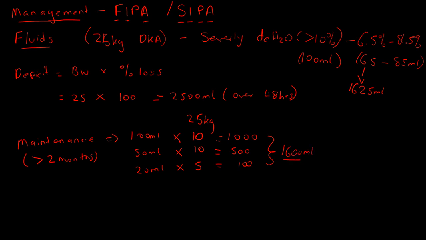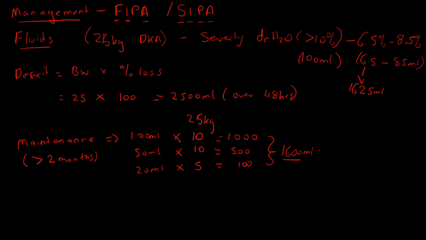This covers for the insensible losses that a person incurs over the different days when, of course, you're going to be replacing the fluids in this child that has DKA. So remember that this is going to be our 1,600, but remember that this is going to be given over 48 hours.